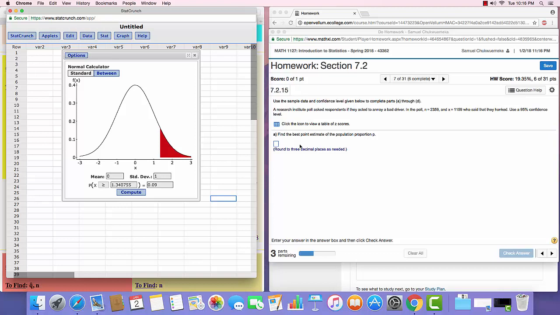I'm not sure Statcrunch will do this one. Statcrunch is going to construct a confidence interval, but the best point estimate is this divided by this. I don't think Statcrunch will do it, but let's see.